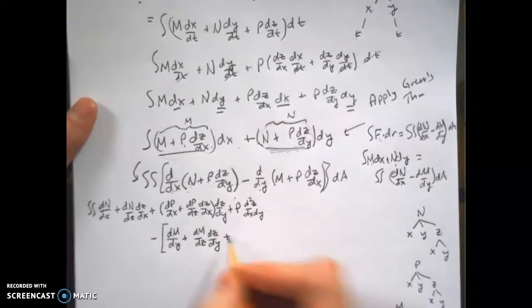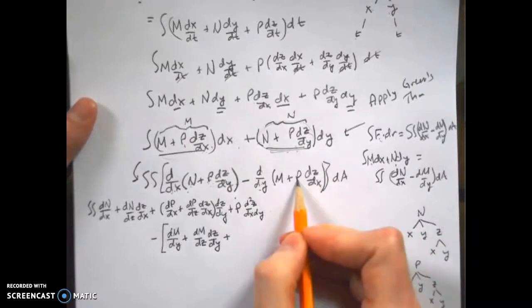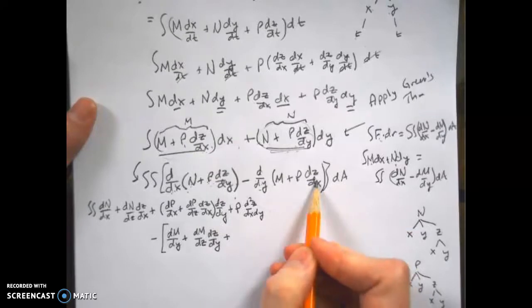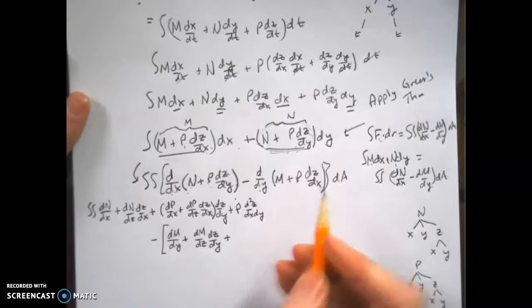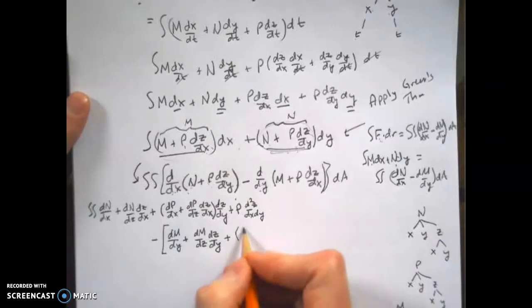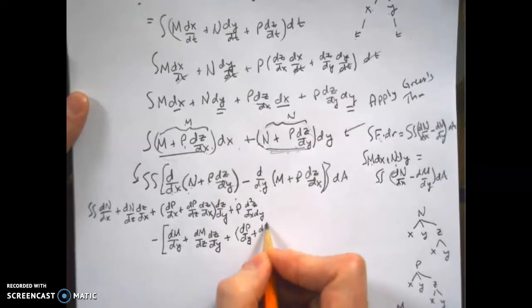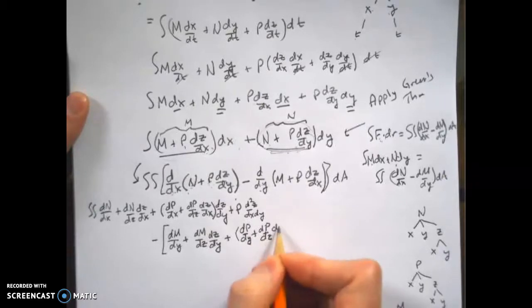Okay, plus, and I've got another product rule. So I'm going to take the derivative of p, derivative of this times this, and then plus this times the derivative of this. My product rule. Okay, so I've got dp dy plus dp dz dz dy.